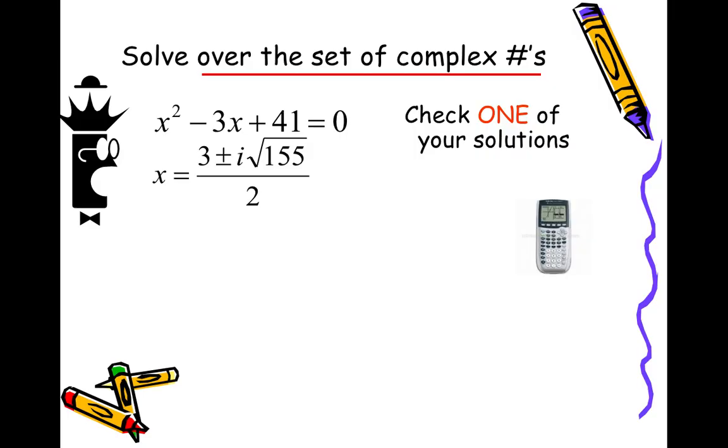But if you look at number 3 and look at this problem, well, they're the same. So you've really done number 3 in your notes. I suggest doing it again since it's got fractions. Number 4 is just solve over the set of complex numbers. You don't have to check your answer.